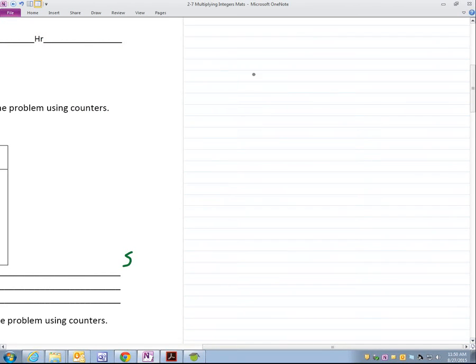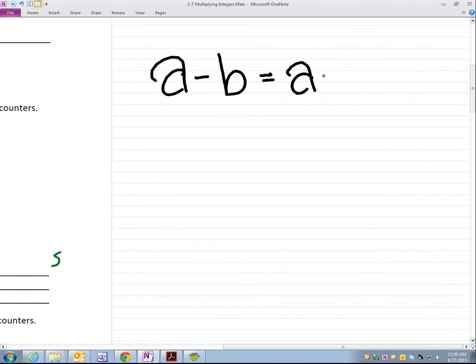To review what we did yesterday, we did subtraction. A minus B is equal to A, which stays the same sign, whatever A is, for any value of A. Then we flip the second sign, and also we flip the next sign.